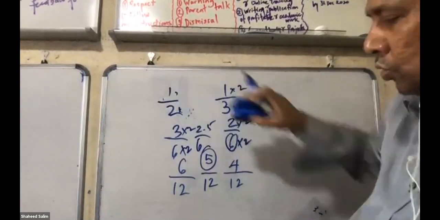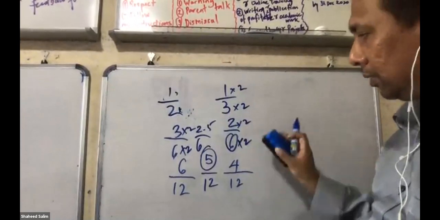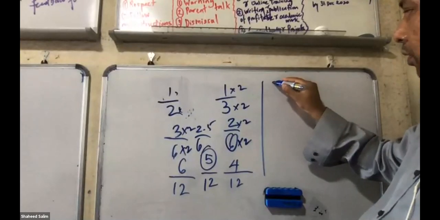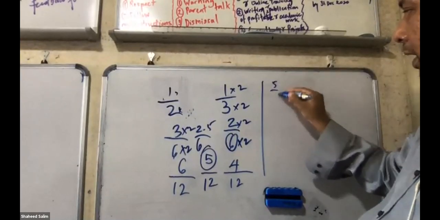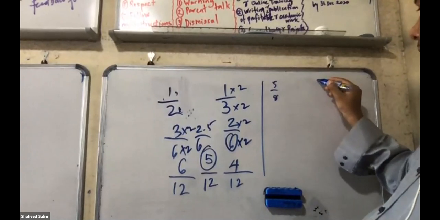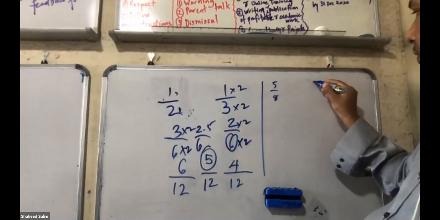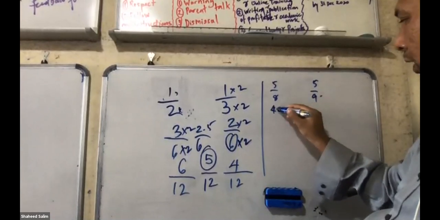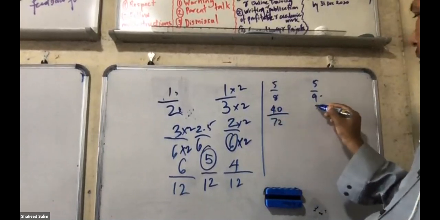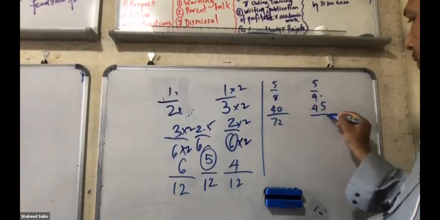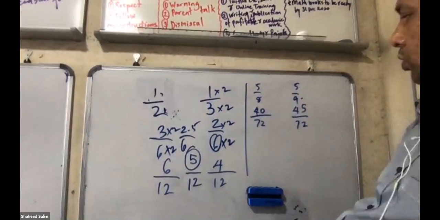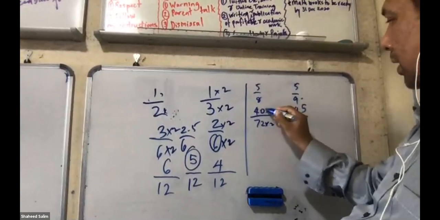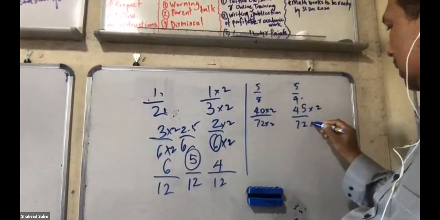Okay, you try to make it higher. Just now, what did you write down here? 5 over 8, and then you have 5 over 9, right? So then you change it to 40 over 72 and 45 over 72. Now can you times another 2? You see how it goes.